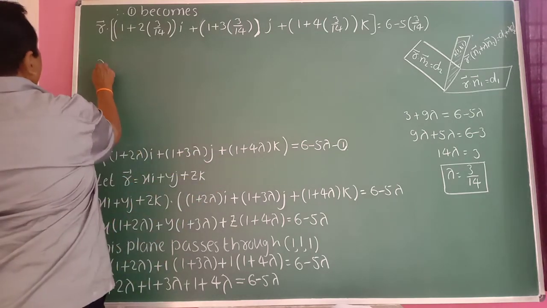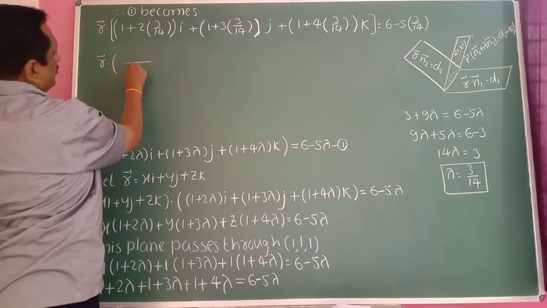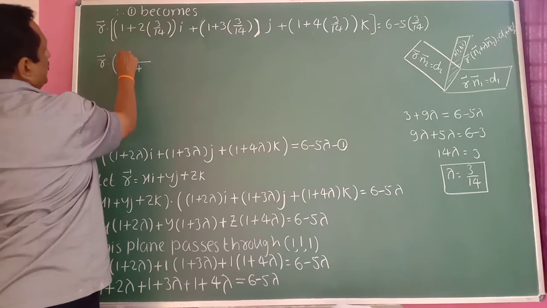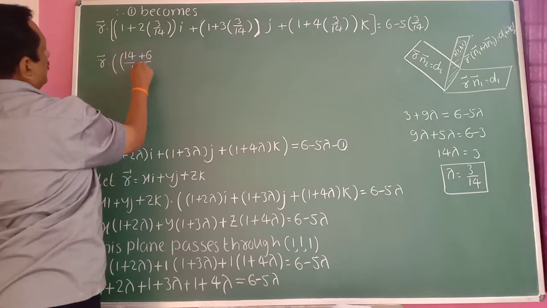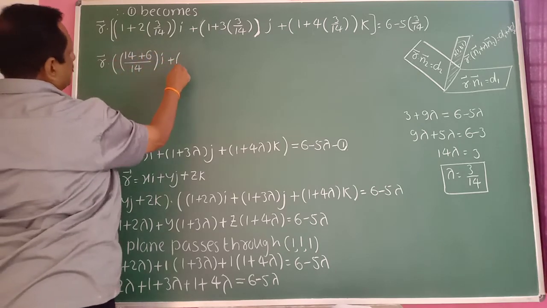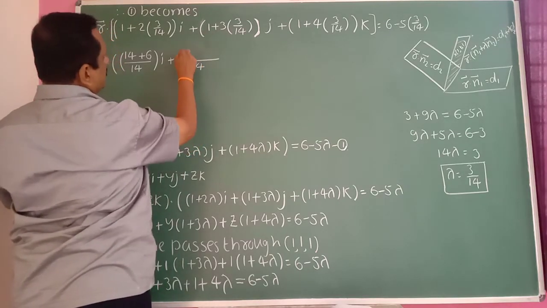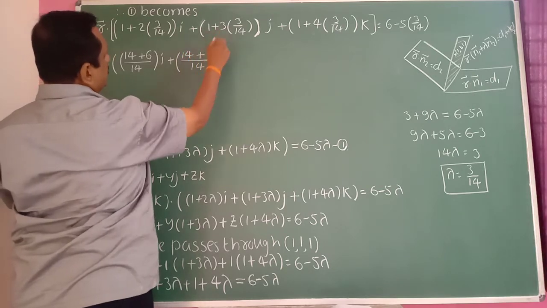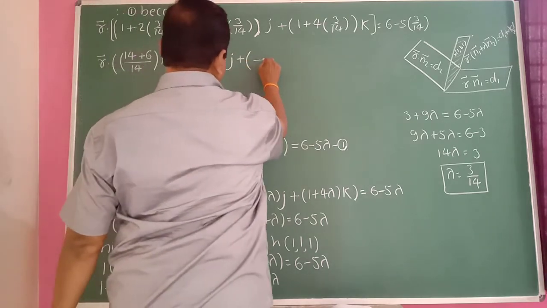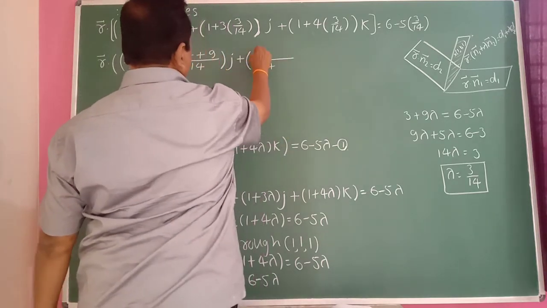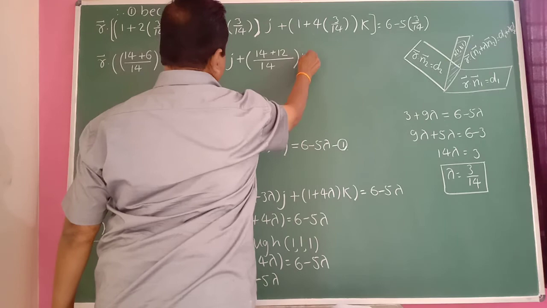Therefore, r bar dot of: 14 is the LCM. 14 ones are 14, plus 3 twos are 6, into i; again 14 is the LCM, 14 ones are 14 plus 3 threes are 9, into j; again 14 is the LCM, 14 ones are 14 plus 4 threes are 12, into k.